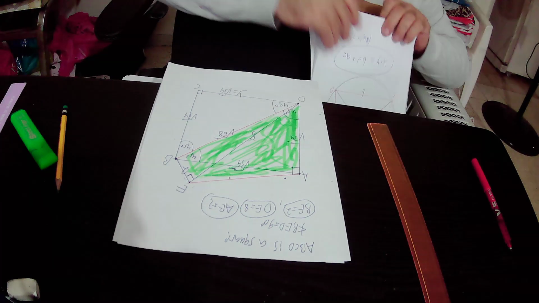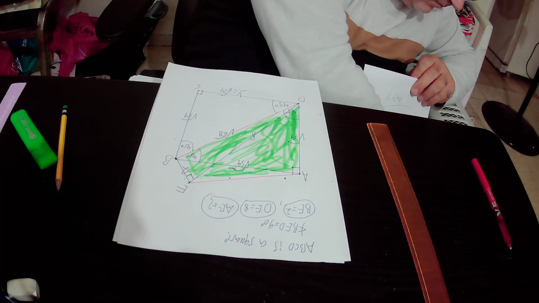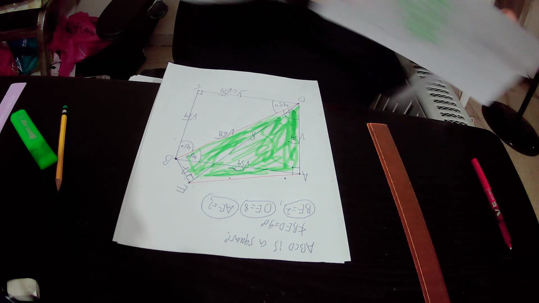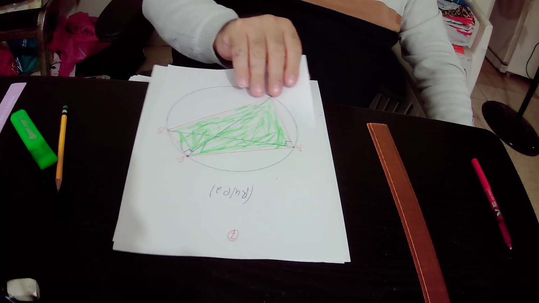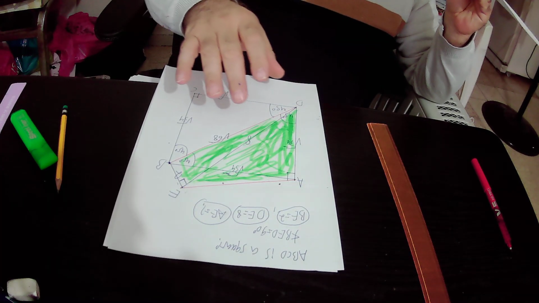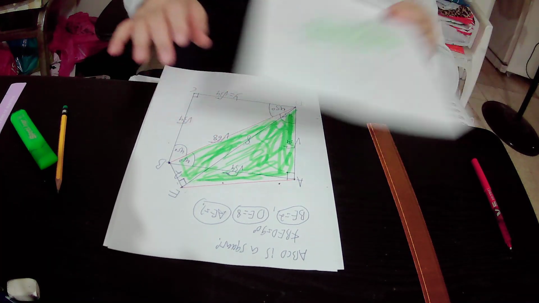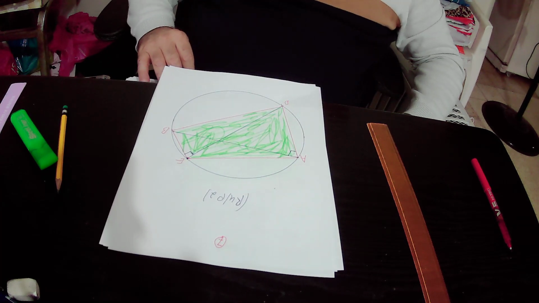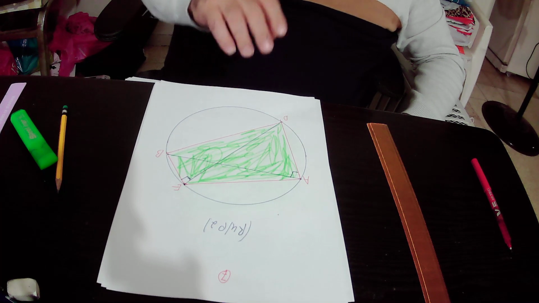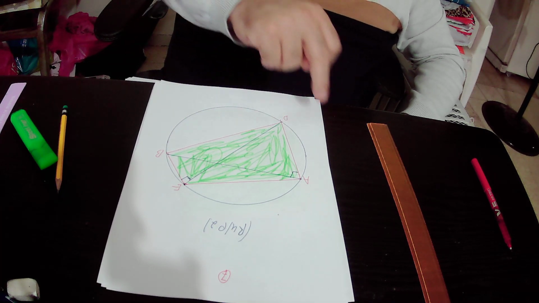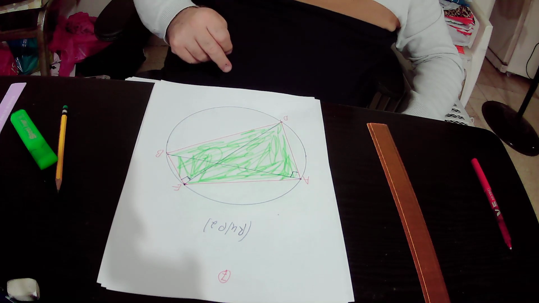We actually arrived to this drawing by implementing rule number 2 in the original drawing. We arrived to this drawing, and actually we have here quadrilateral AEBD that is inscribed by this blue circle.